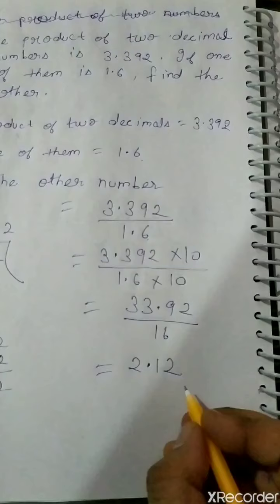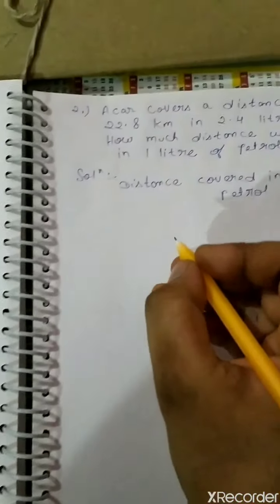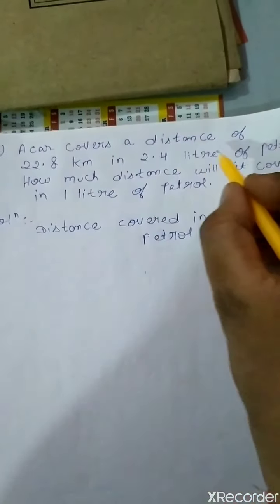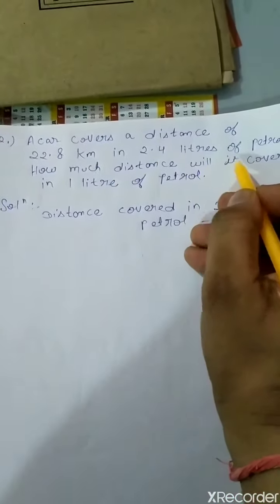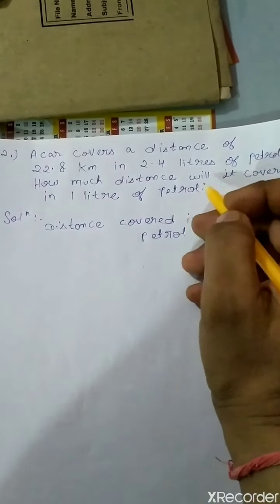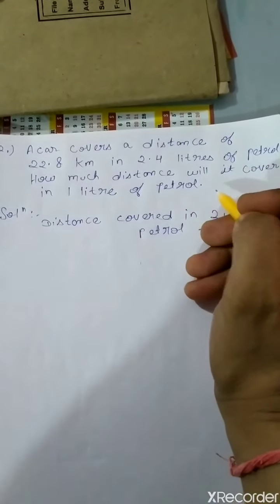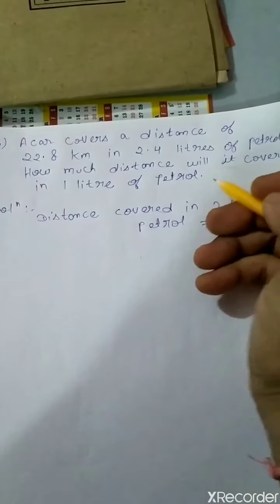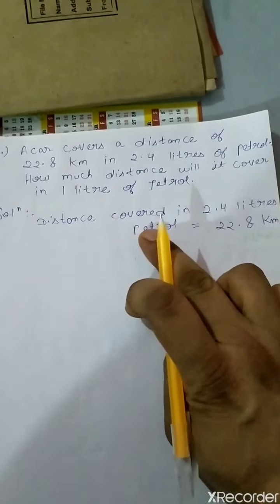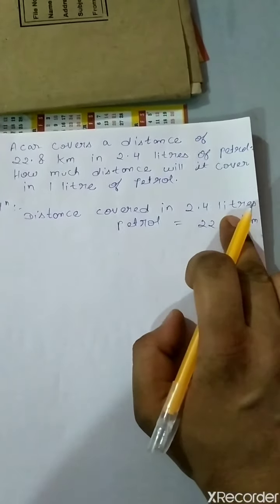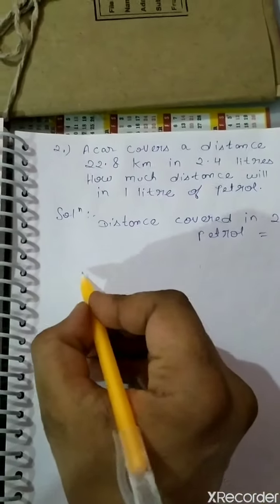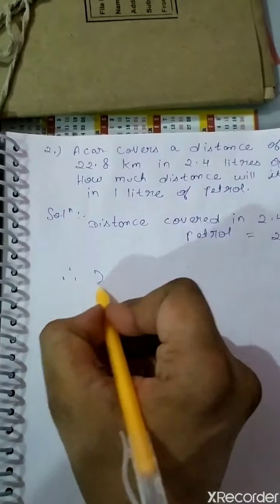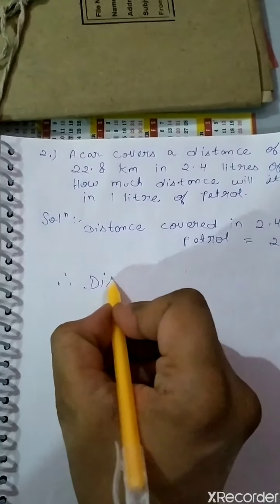Okay. Yes, now the next question is, a car covers a distance of 22.8 km in 2.4 liters of petrol. Then how much distance will it cover in 1 liter of petrol? Okay, so you will write the statement like this: distance covered in 2.4 liters equals 22.8 km.